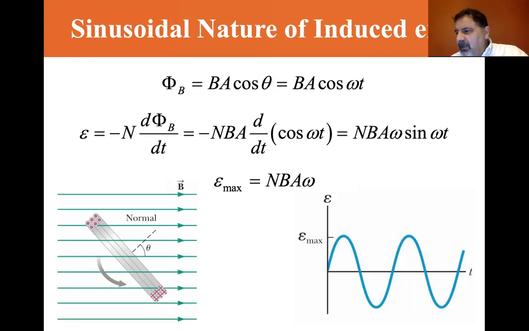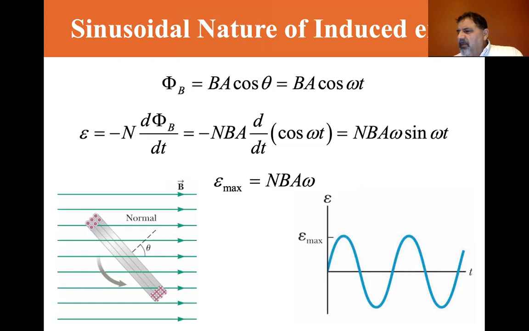Since it varies, let's see why. The maximum occurs when omega t is equal to 90 or 270 degrees, and it varies sinusoidally with time.